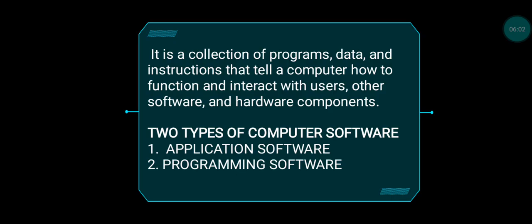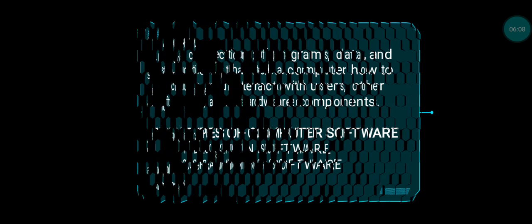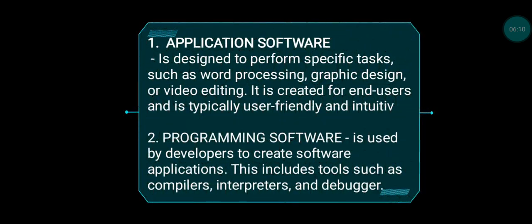We have two types of computer software, the application and the programming software. Application software is designed to perform specific tasks such as word processing, graphic design, or video editing. It is created for end users and is typically user-friendly.